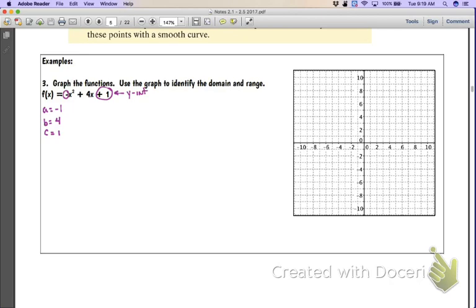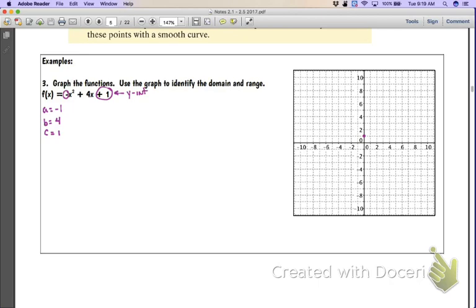So you automatically have a value you can put on your graph before you even know where everything else is. You know right now that I'm going to have a point at (0, 1), right here on my y-axis.